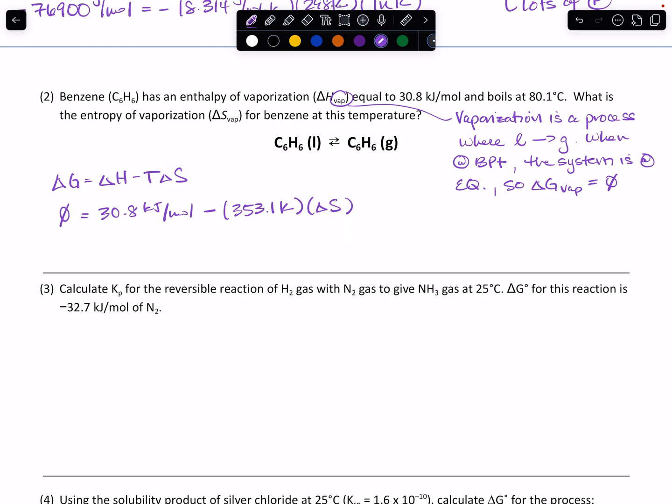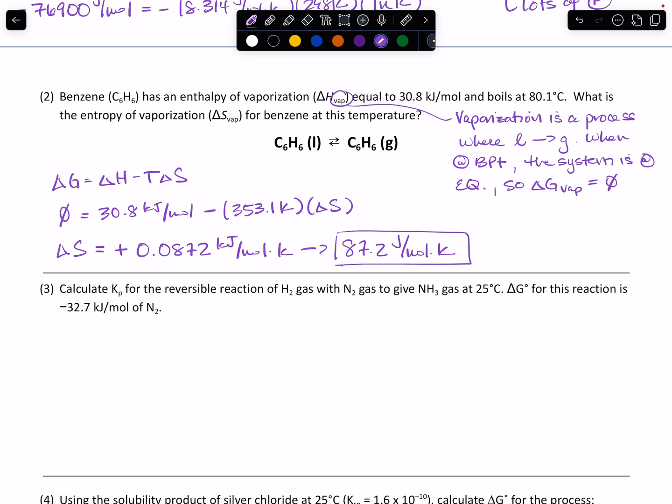And our only unknown here is going to be our entropy change. So we put all of our stuff in and we calculate delta S and we get a positive 0.0872 kilojoules per mole Kelvin, which probably should be written in joules, 87.2 joules per mole Kelvin. So this is our entropy change.